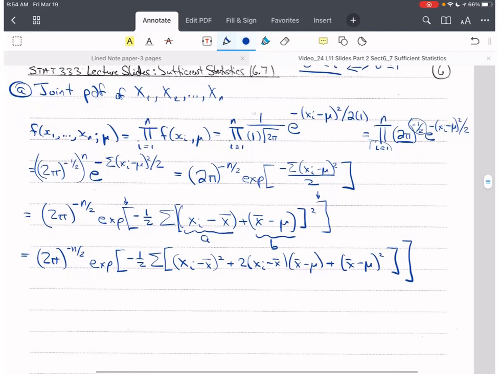Now, we're going to distribute the summation sign across the addition. All right.